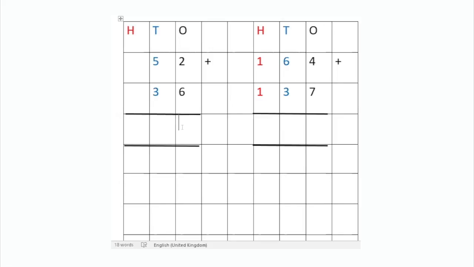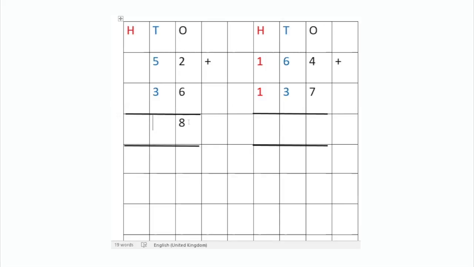So 2 add 6 is what we would do first, because I know that my column of the ones has a 2 and a 6. Simple enough, I know that 2 add 6 gives me 8. So I'll put my 8 in this column here, in between the equals sign. Remember, this equal sign doesn't mean it's the answer. 52 add 36 will equal something. So 2 add 6 gives me 8, which you can see in the black column.